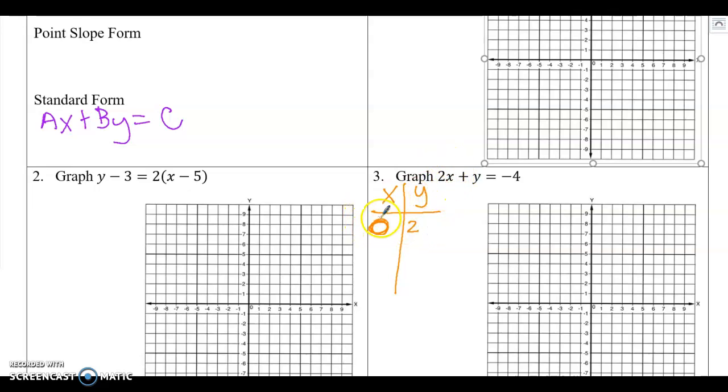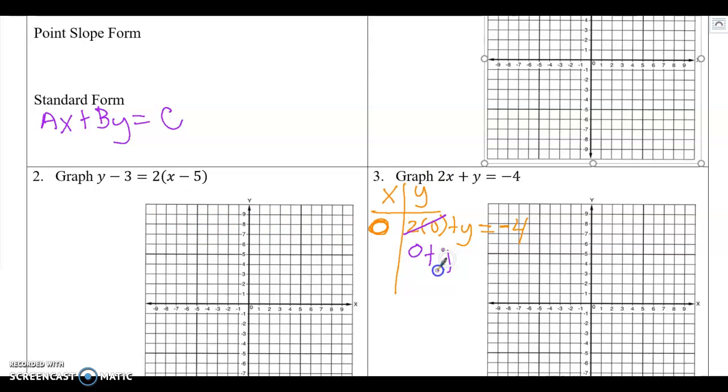And instead of x, what am I plugging in for x? 0. So 2 times 0 plus y equals negative 4. And the reason why I plugged in 0, because what's 2 times 0? Well, that's just 0. So you can put 0, or you don't need to because you know that's 0. But I'm going to put zeros just so you know it's 0, okay?